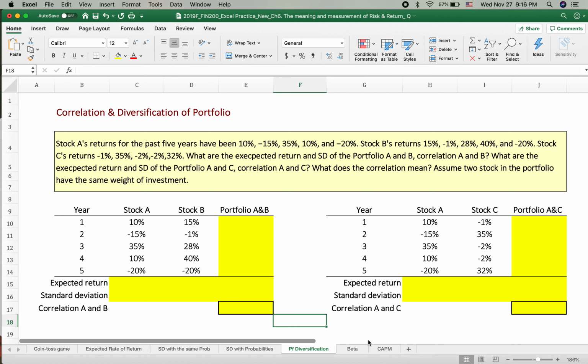We are going to practice correlation and diversification of portfolio in Excel.